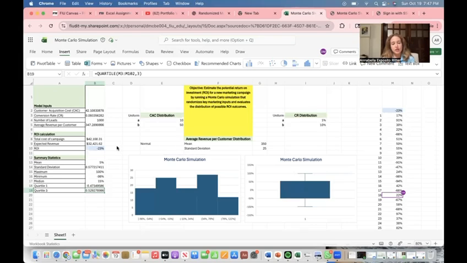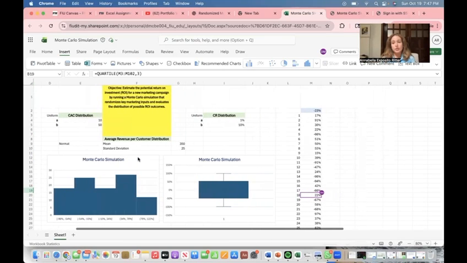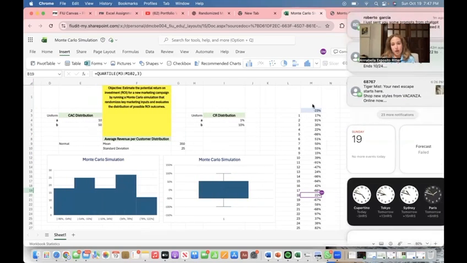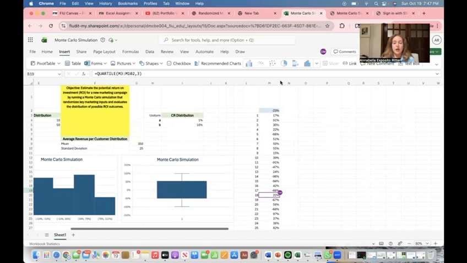Okay, so how to get the raw calculations. You would go to the M column and randomize the numbers. Here, this is the formula that you would get.